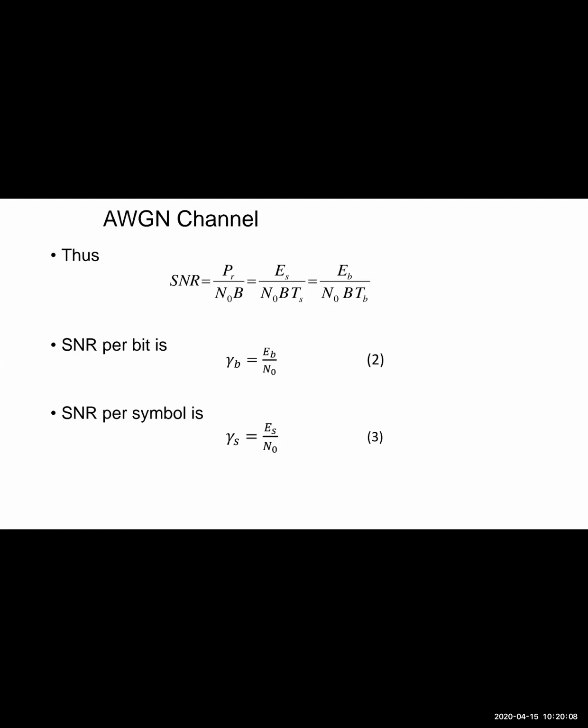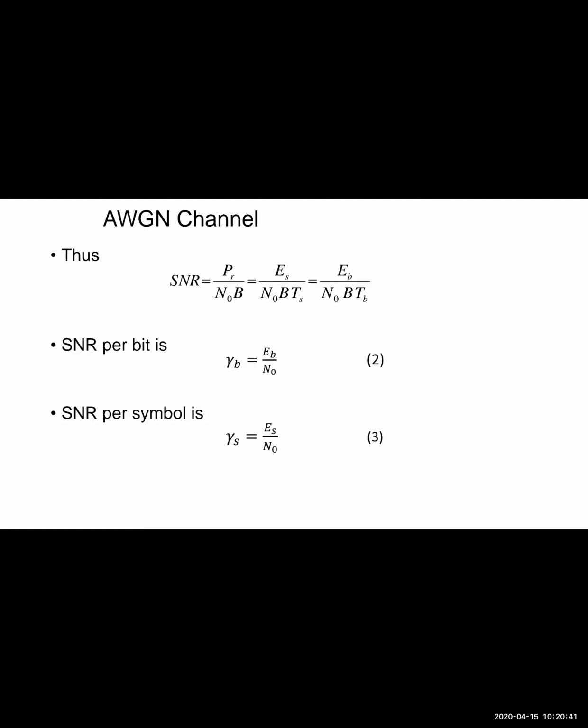So if you look at equation 2 and 3, we need to go back to third year, TE3H2, to understand why we are dealing with bit and then symbol, okay? So if you look at it, equation 2 deals with bit, equation 3 deals with symbol. The reason being that if you have some number of bits to send, you can represent the bits with symbol.